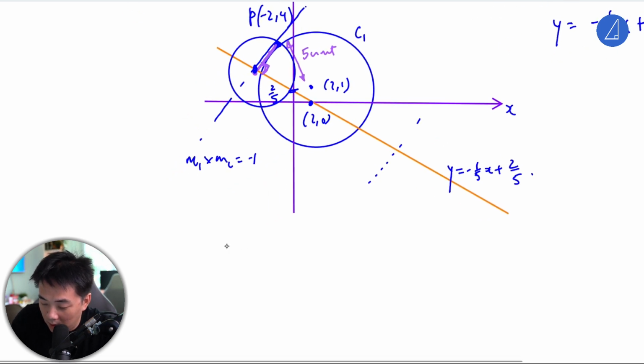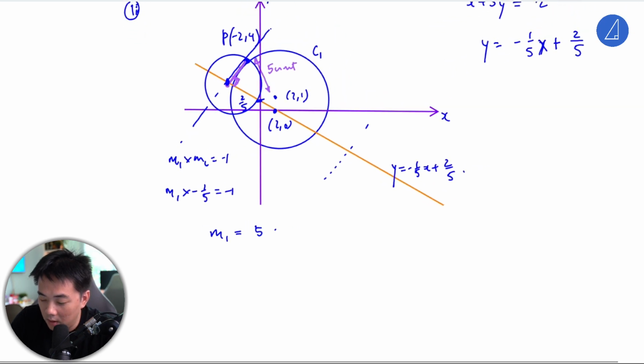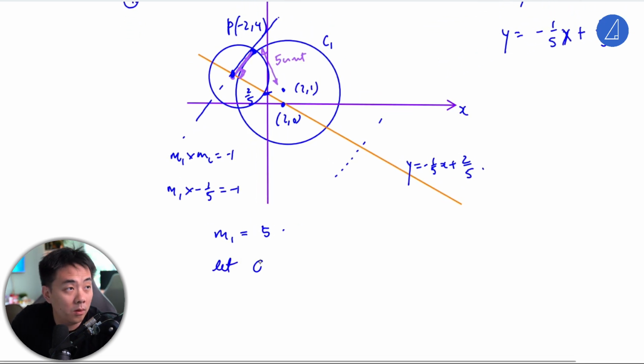So m1 equals to -1 over this negative, so this will be just 5. Okay, so let O be the center of C2.